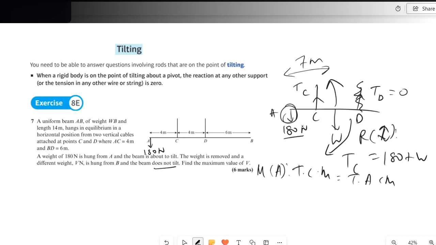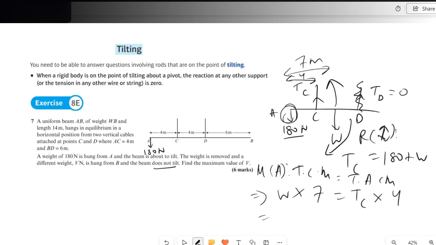Therefore the clockwise moment is W multiplied with the perpendicular distance, which is 7 meters, because this is a uniform beam, is equal to the tension at C multiplied with 4, because this distance is 4.